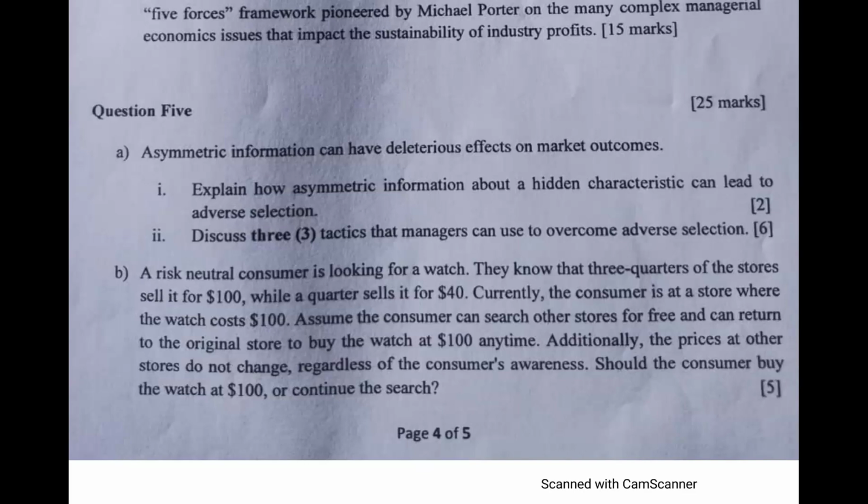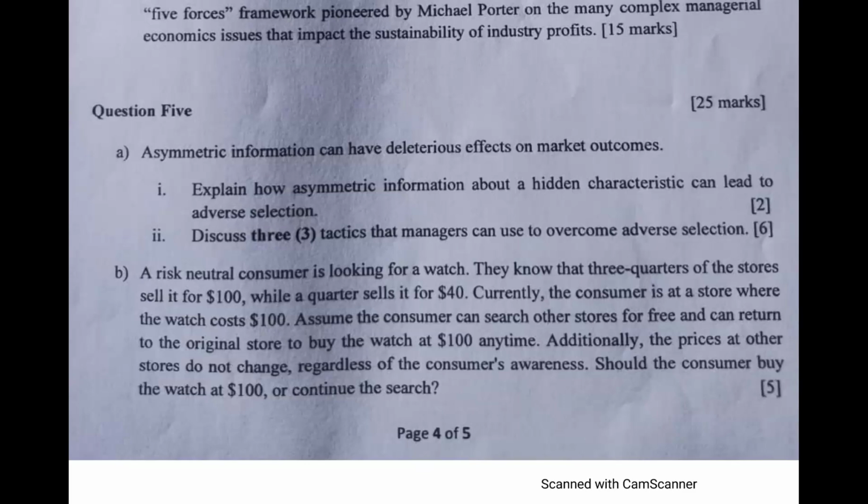So now, listen carefully. Asymmetric information occurs when one party in a transaction has more or better information than the other. In the context of hidden characteristics, typically the seller has more information about a product or service than the buyer can easily access.